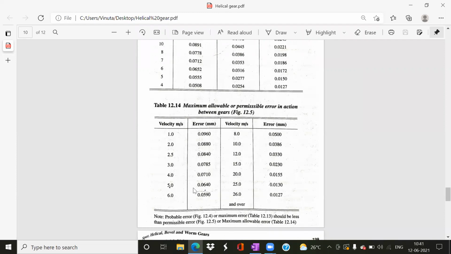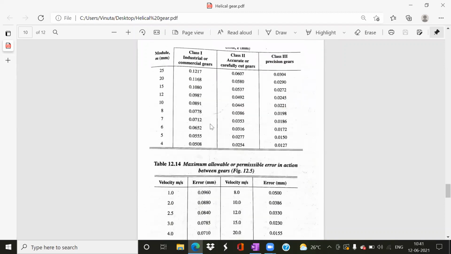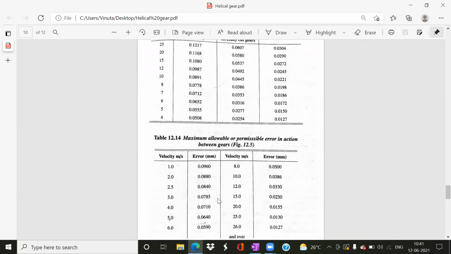Yeah, you can consider this, and whatever the velocity is there, how much is the velocity which we have obtained? 6.28, sir. 6.28. Correct? Yes, sir. 6.28. If you take this 0.059, either you can use this module or you can use this.